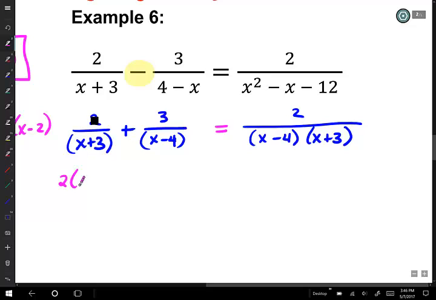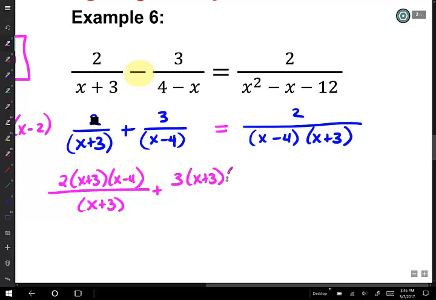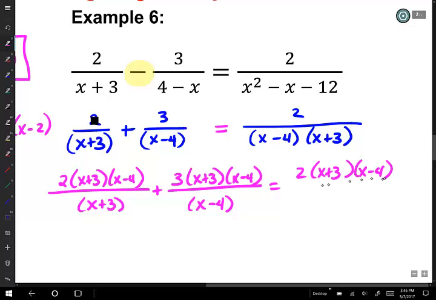2 times x plus 3, x minus 4, over the original x plus 3. Plus 3 times x plus 3 times x minus 4 times the original over x minus 4 equals 2 times x plus 3 times x minus 4 over the original x minus 4 x plus 3.